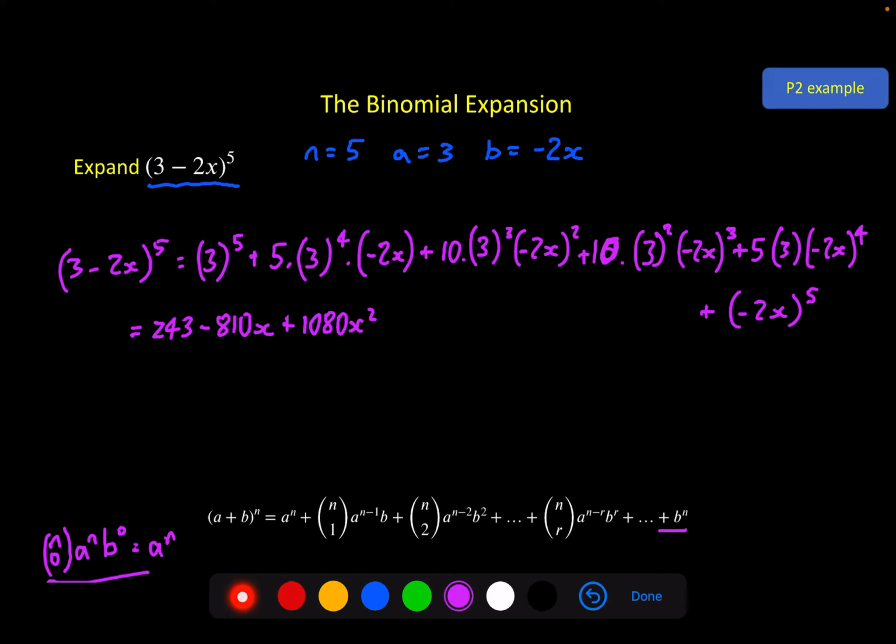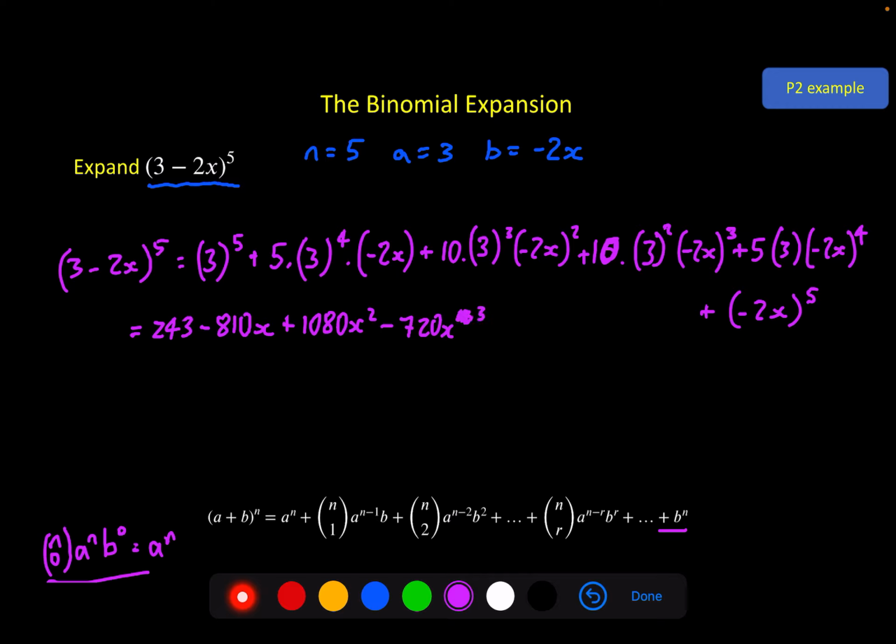Next term, 10 times 3 squared, which is 9, times minus 8, is minus 720, and that's power 3. Nope, it's not power 4, it's power 3.